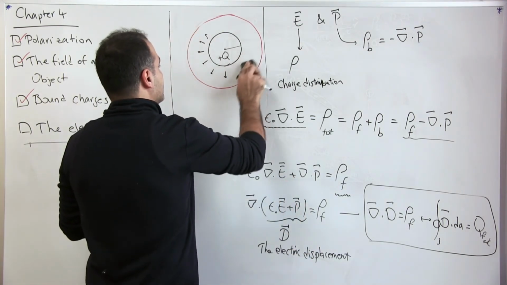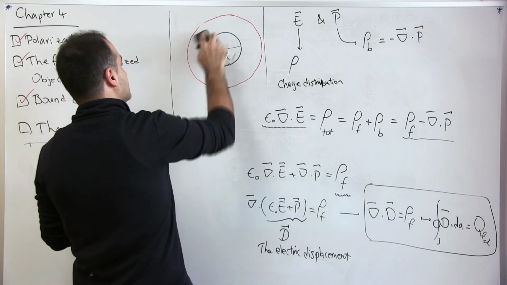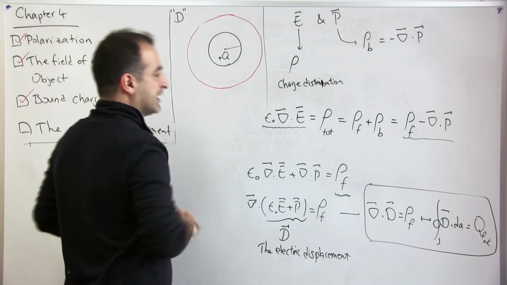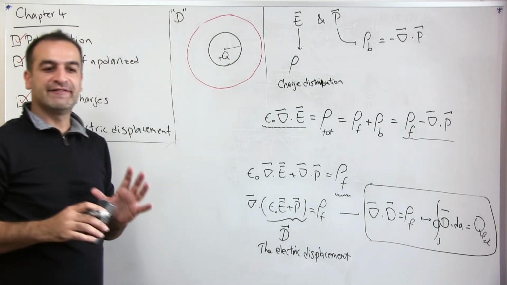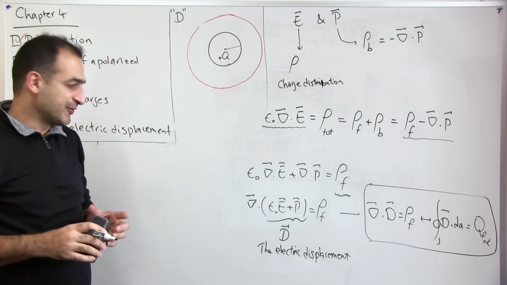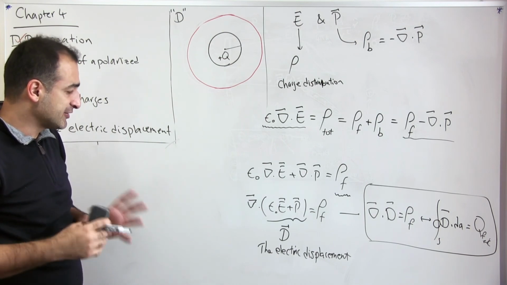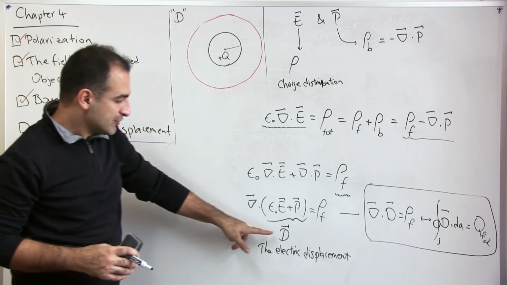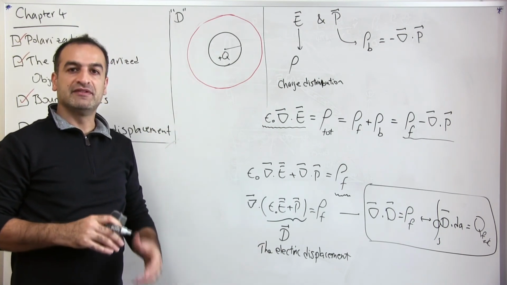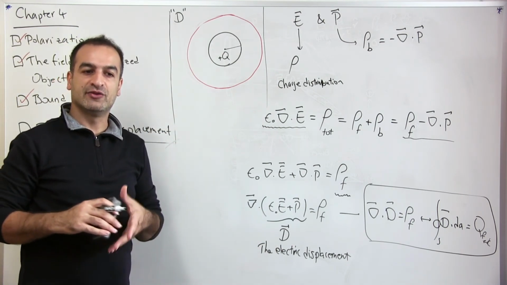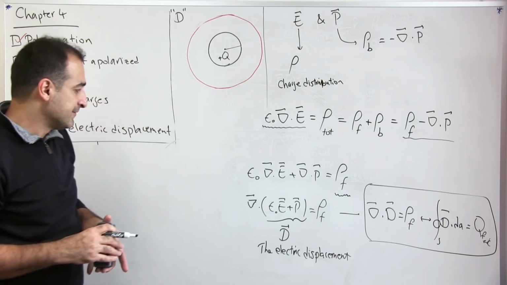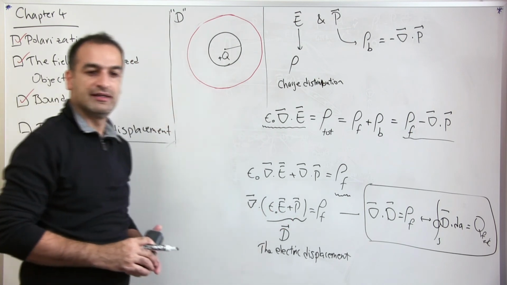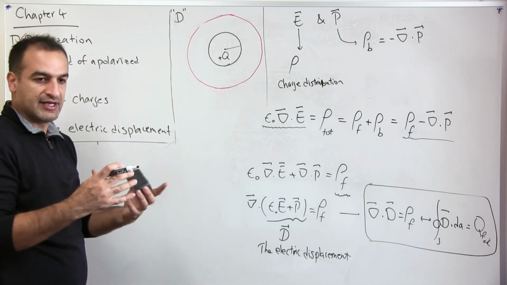So let's forget about the electric field and focus on D. Again, whenever you have dielectric material and want to calculate the electric field, you find the electric displacement, which has very similar characteristics to the electric field, with the difference that it includes P as well. So it includes one of the unknowns in the problem.